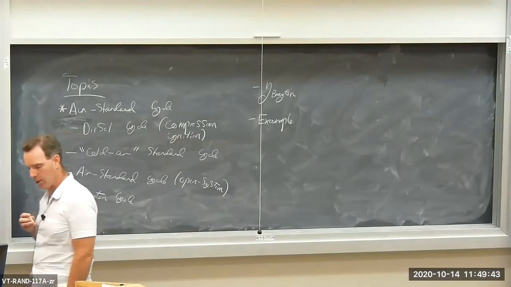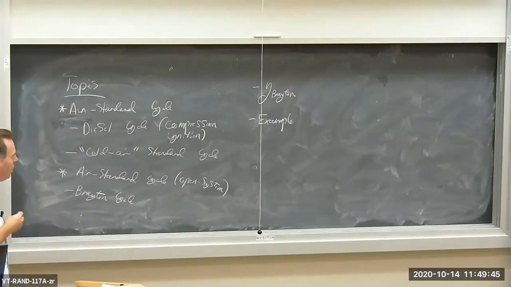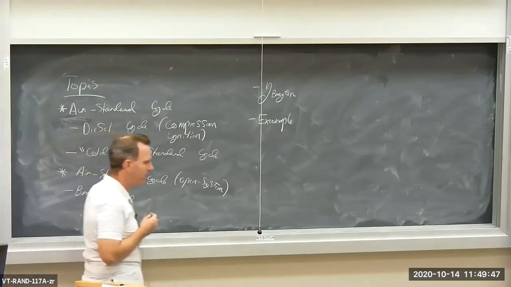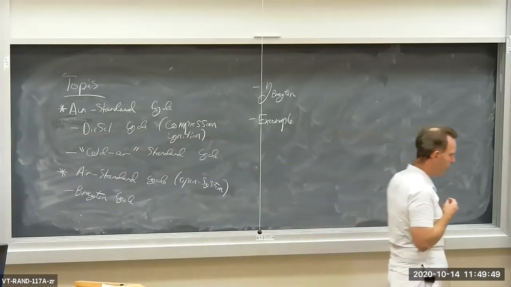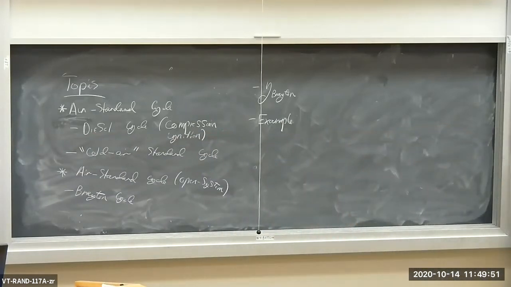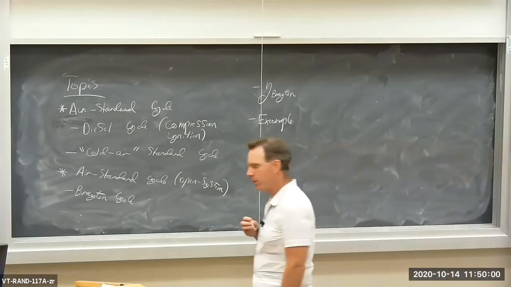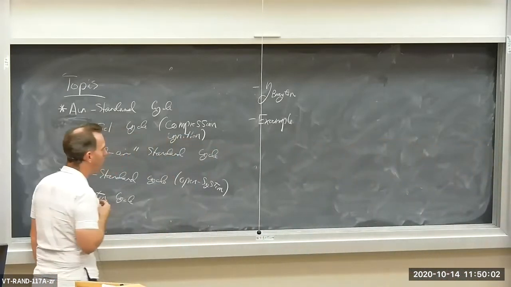We'll talk a little bit about the Brayton cycle today. We'll derive the efficiency of the Brayton cycle, get an expression for it, basically W dot shaft divided by Q dot in. That would be the definition of the efficiency for an open system.